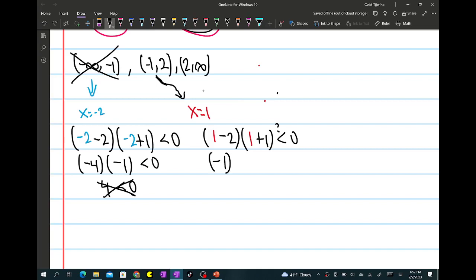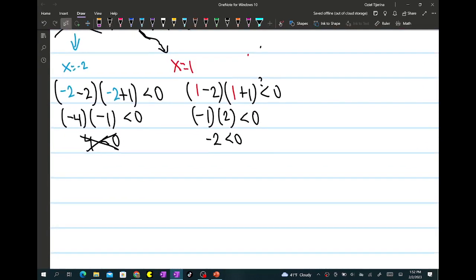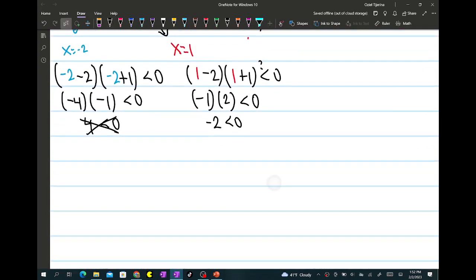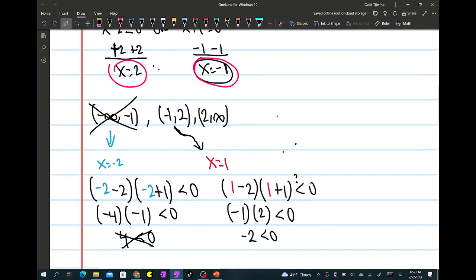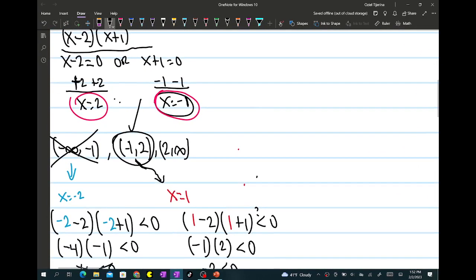And then negative 1 times 2, I have negative 2 is less than 0, right? So this is true. So this satisfies the inequality, and we know that that's one of the solutions, right?